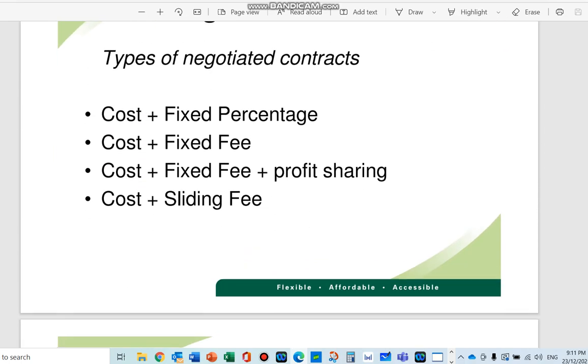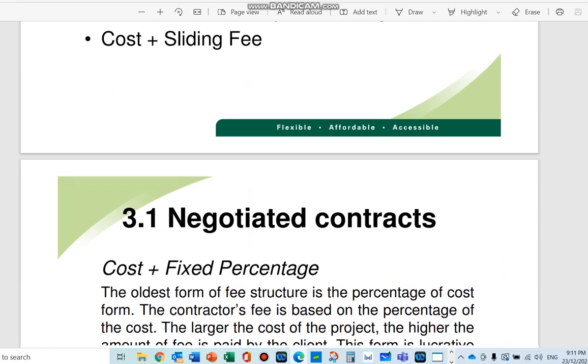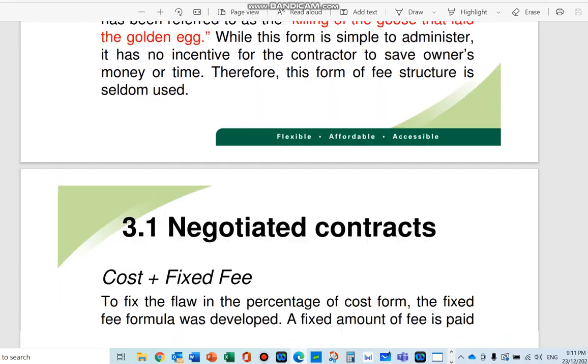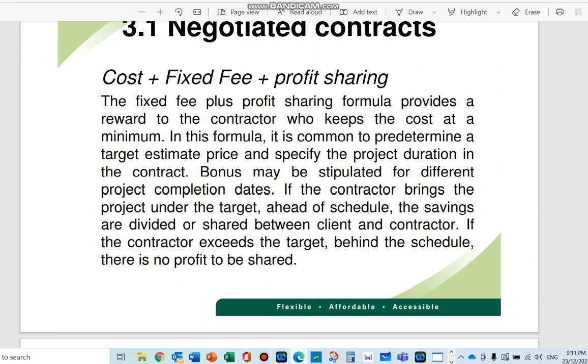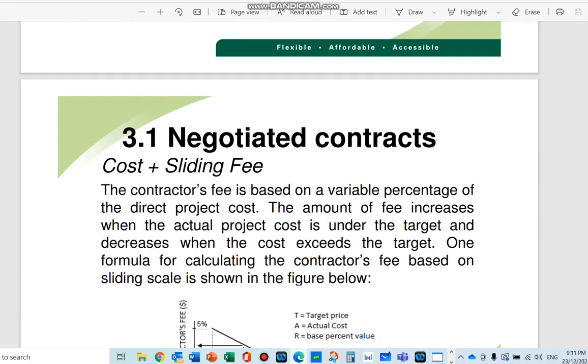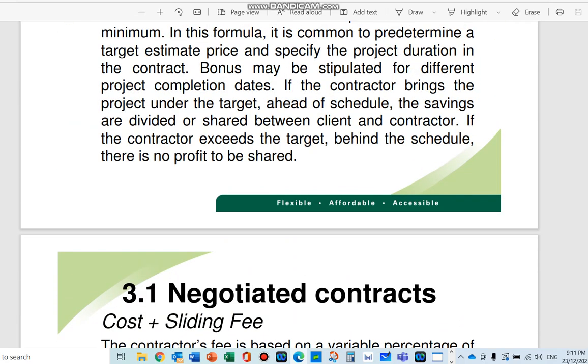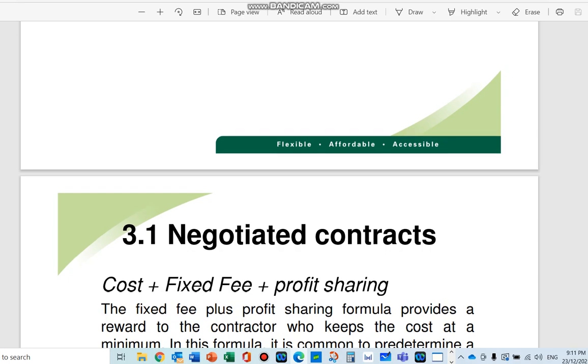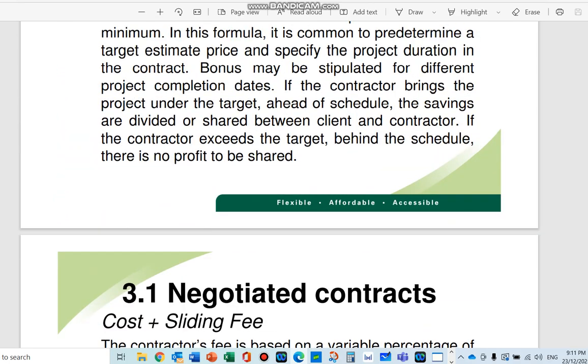When we have cost plus some sort of incentive, these are all cost plus. So this is cost plus profit sharing, and when we have this profit sharing, these are sliding fees. These two bits here explain cost plus a little bit more. It's a combination between cost plus and incentive.